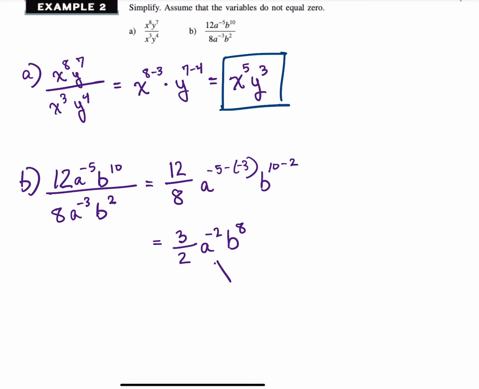And since a has a negative power, we can end up placing it down in the denominator of this fraction. b has a positive power, so we can place that in the numerator of this fraction. So we can condense this down a little bit more into 3 times b to the 8th power over 2a squared.